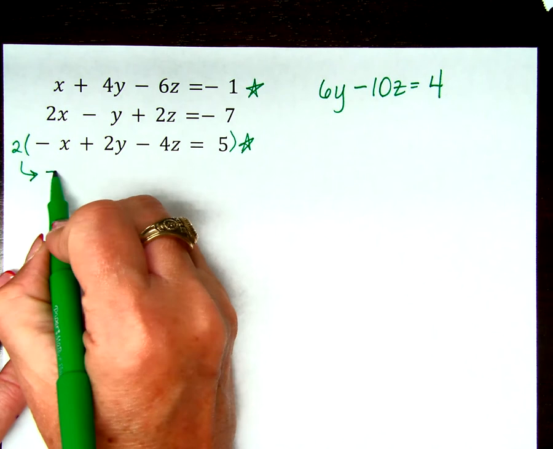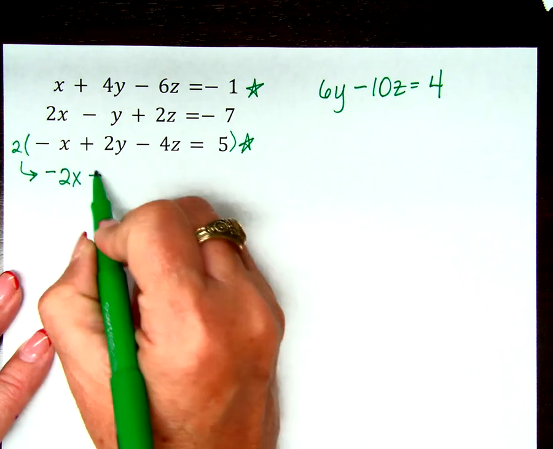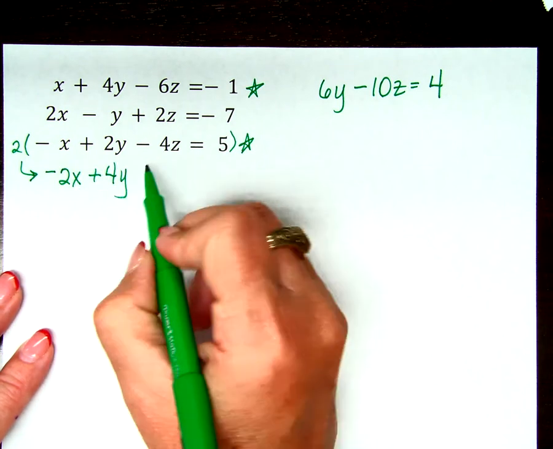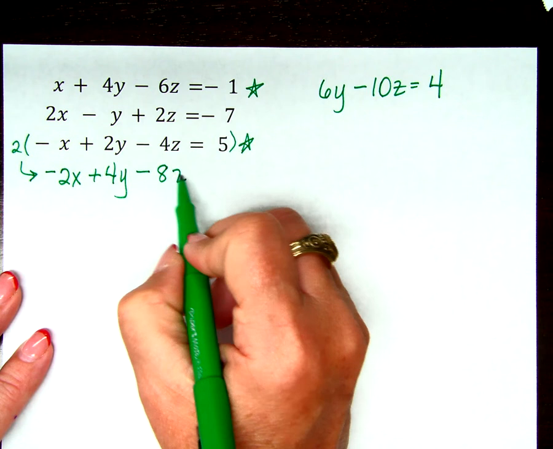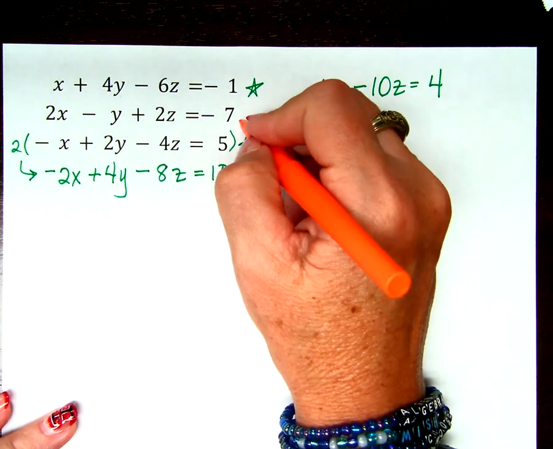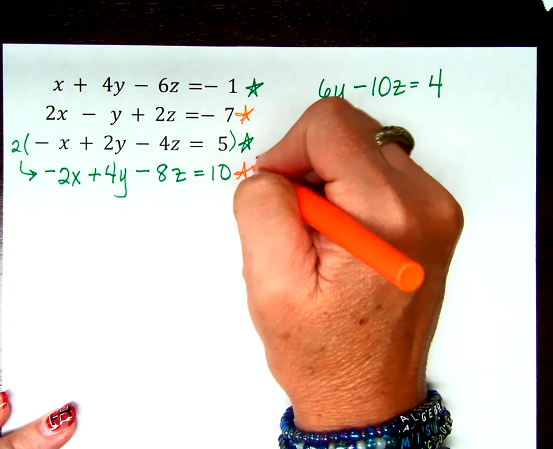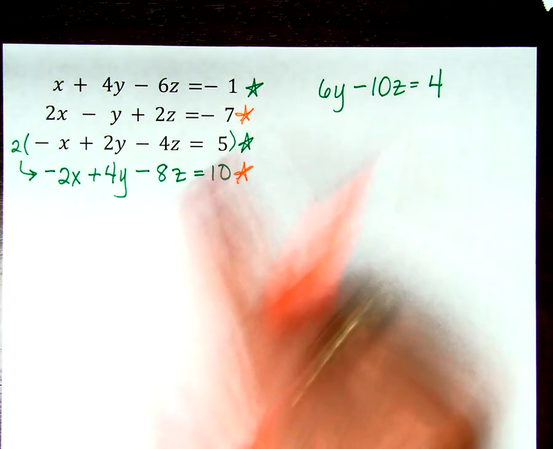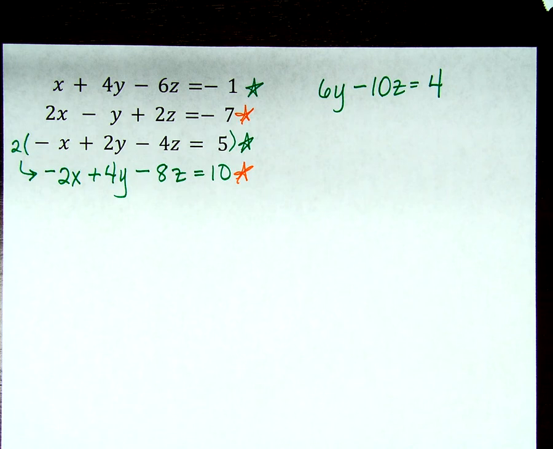So if I do, I get negative 2x plus 4y minus 8z equals 10. Is that right? And then what if I take the middle one and the bottom one? That's the ones you said to use, right? If I take the middle one and the bottom one and combine them now how they are, what do I get?